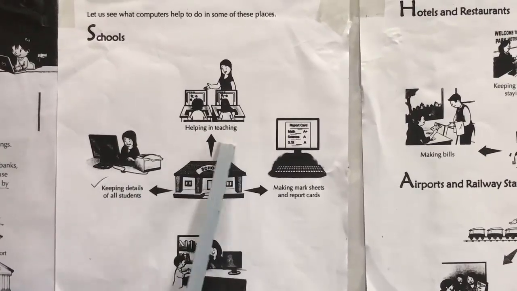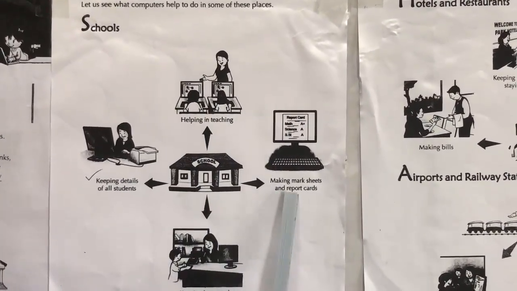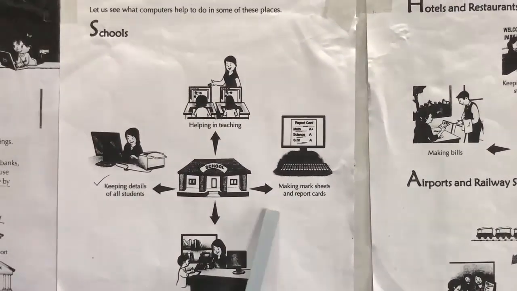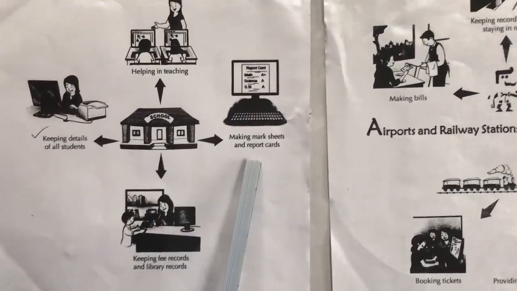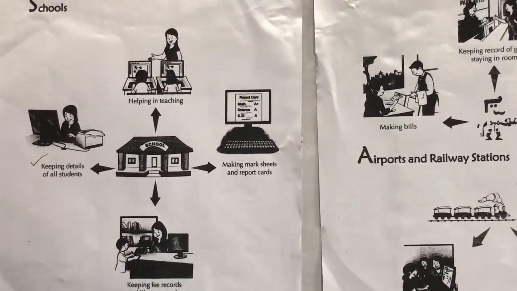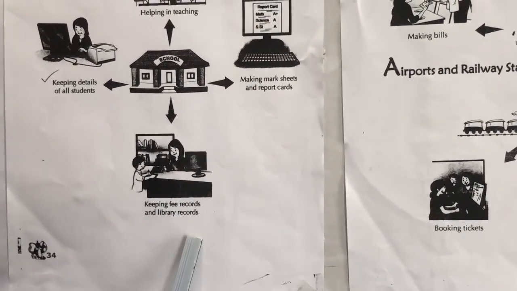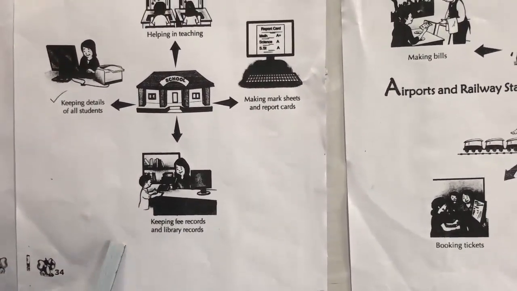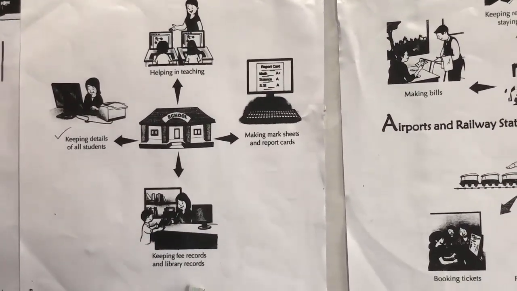The teacher is teaching the students with the help of a computer. Number 3, making marksheets and report cards. And next one, keeping fee records and library records. So we also use computer for keeping fee records, monthly fee records and library records.